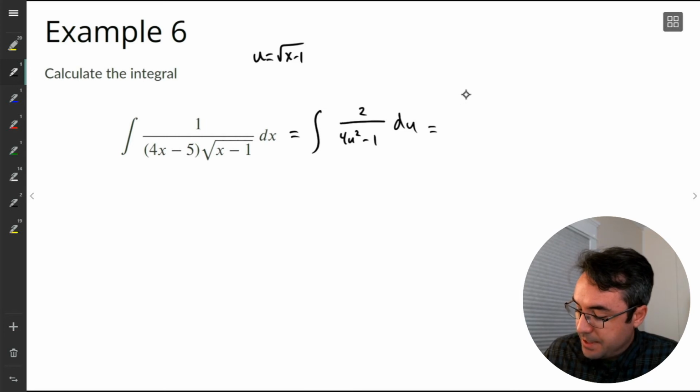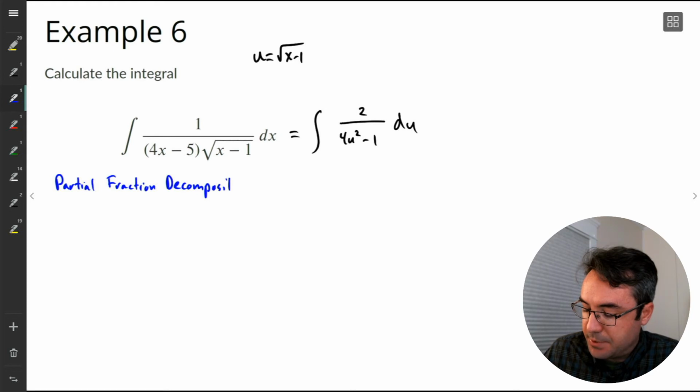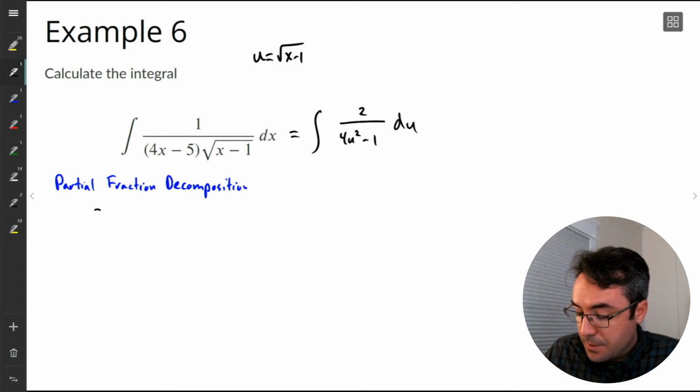We'll kind of do this off to the side. So we're going to go through our partial fraction decomposition, and we're going to factor the denominator. That's our first step.